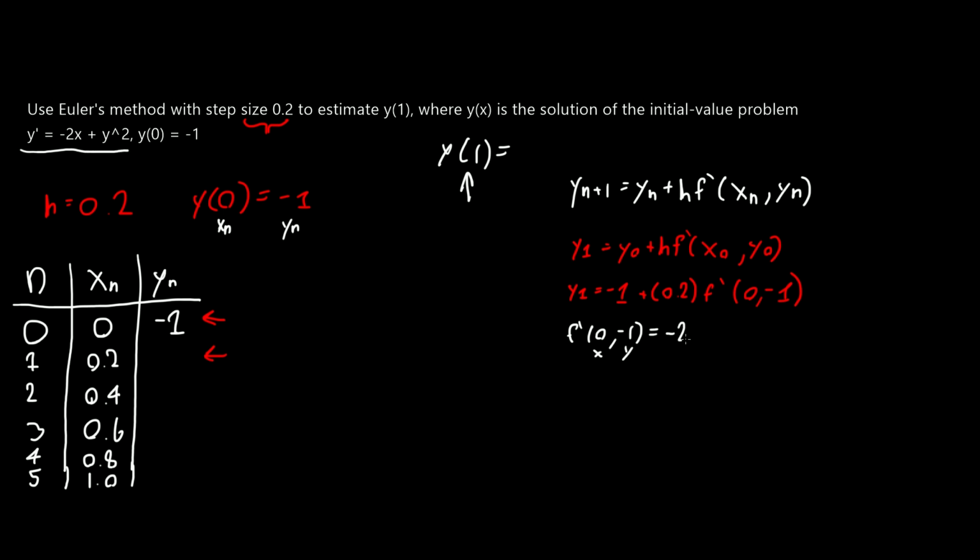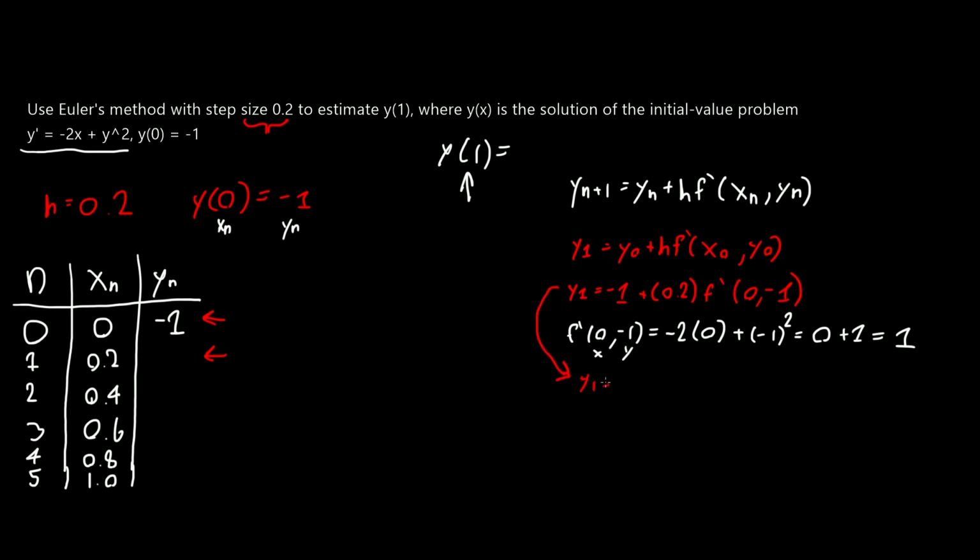So we're going to have negative 2 multiplied by x, which is 0, and then plus y to the power of 2. Y is negative 1, and it's going to be squared. So this will give us 2 times 0, which is 0, and then negative 1 times negative 1 is simply 1. So our answer is 1. So now let's go back to Euler's method.